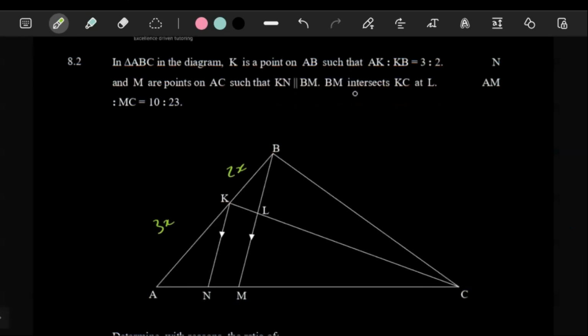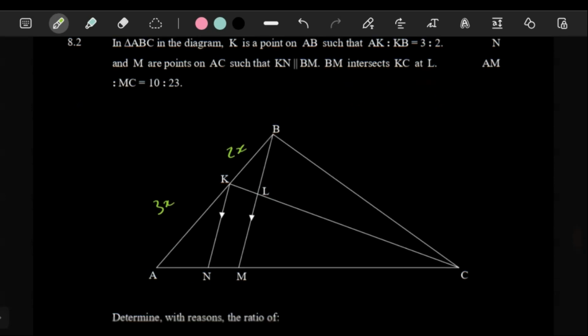And then it says that BM intersects KC at L. And then it says here the ratio between AM and MC is 10 to 23. So where is AM? AM is here.